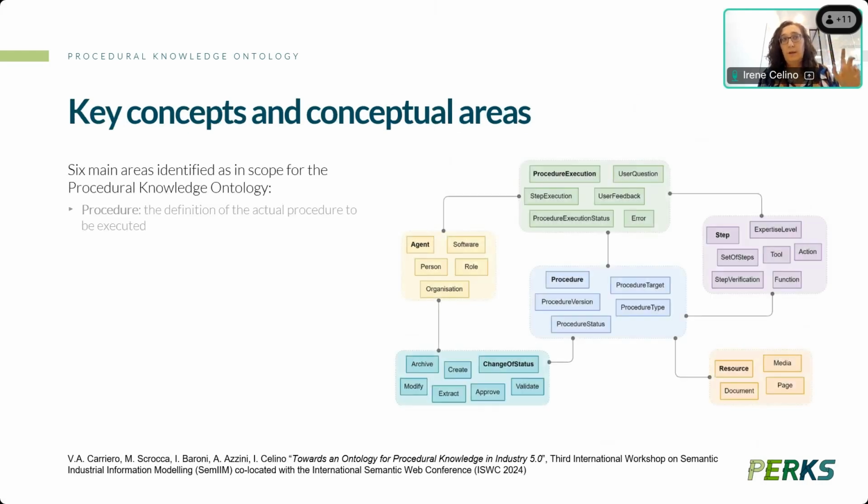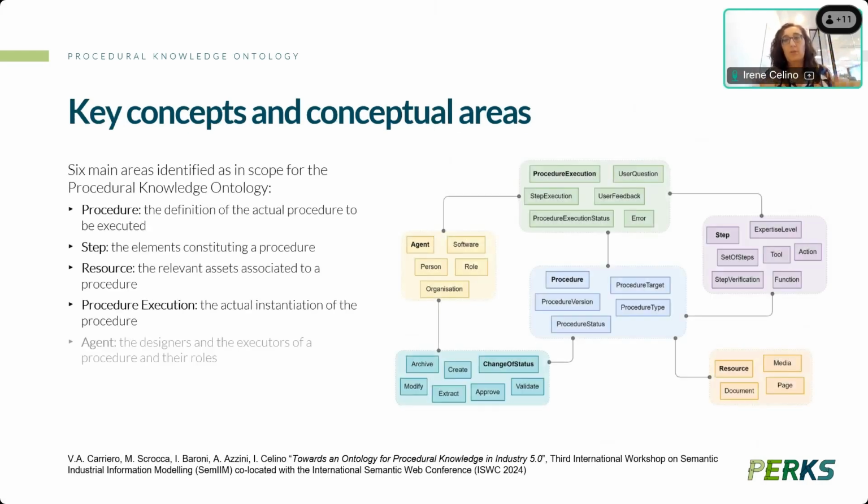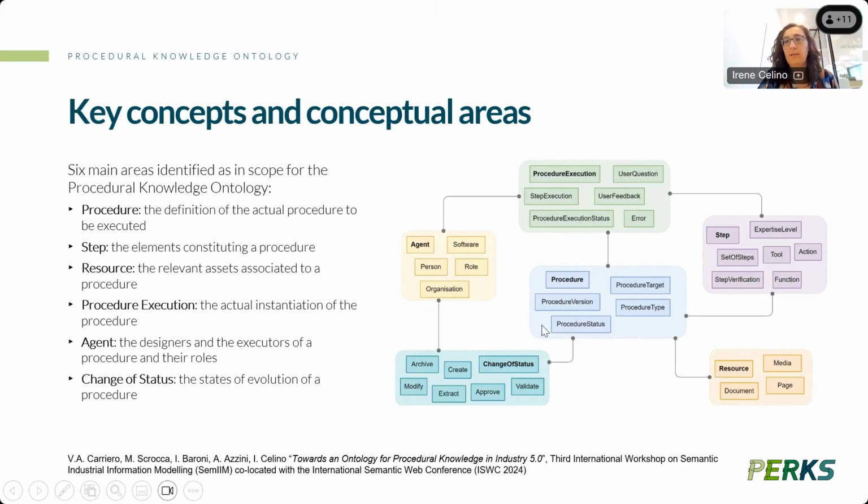Then, of course, we discovered that actually our scope was pretty wide. So the first step before starting to draw classes and relationships was to understand the conceptual areas. And in this case, we identified, of course, the area of the procedures with the attached resources, assets related to the procedure, the internal structure of the procedure with the steps and the characteristics of the steps of the procedure.